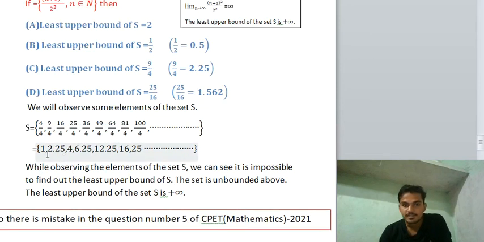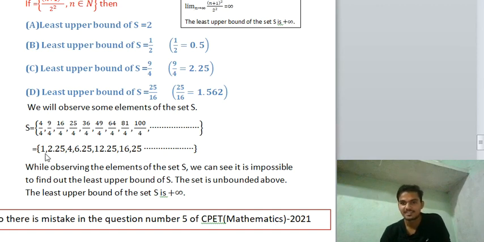If you observe the elements of the set S, you can see where it is going. It is 1, 2.25, 4, 6.25, 12.25, 16 and 25.